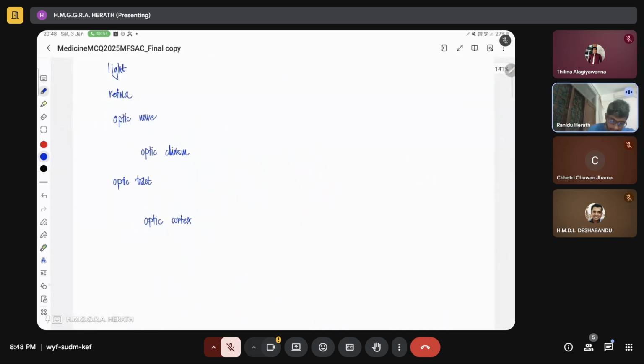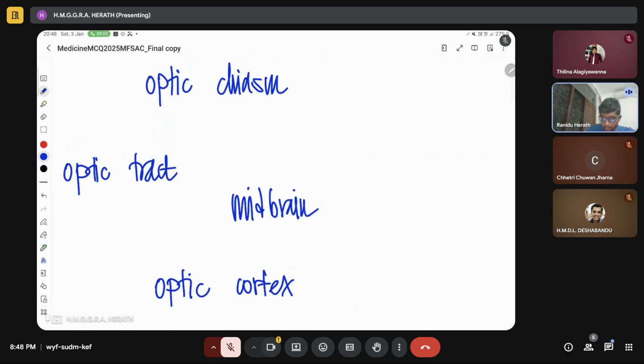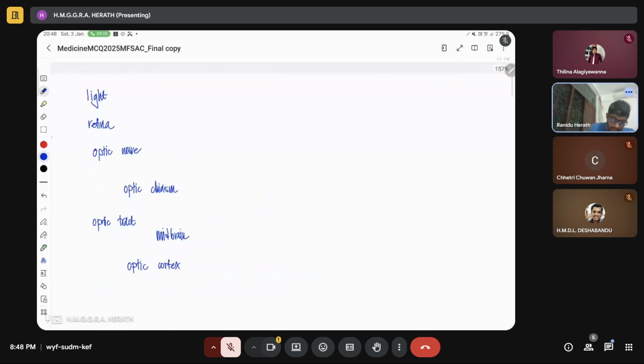And part of this optic tract goes into the midbrain as well, to form the component of the pupillary light reflex, right?